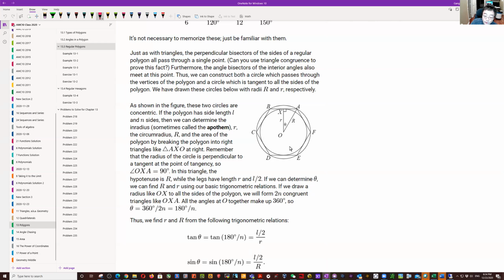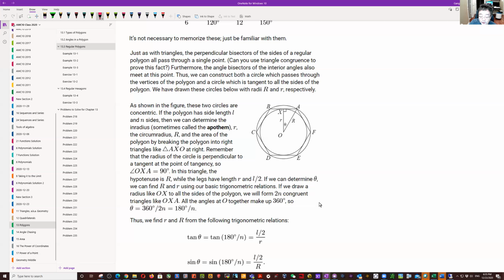But then we will also learn the terminology on the regular polygon. We can also draw an inscribed circle. The inscribed circle is tangent to each side at the middle point of each side.